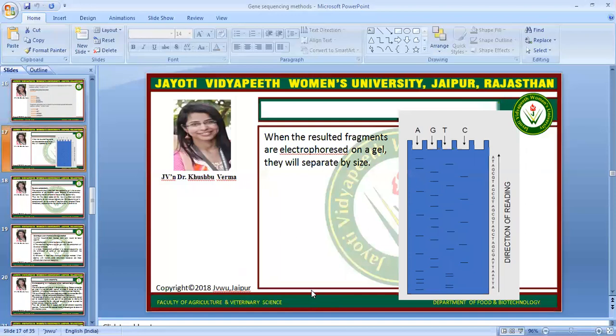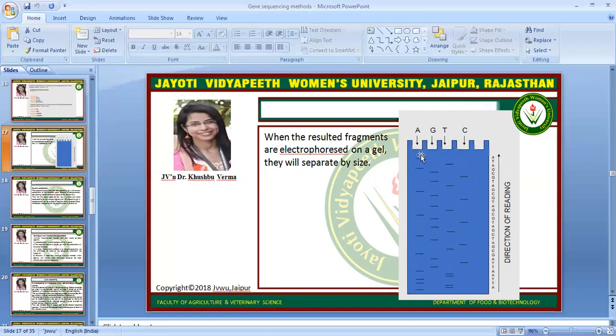When the resultant fragments are electrophoresed on a gel, they will be separated by size. So here we will put the ddATP resultant mixture, here ddGTP, here ddTTP, here ddCTP. Samples will be loaded, and different sizes of fragments will be separated from each other on the basis of their size.